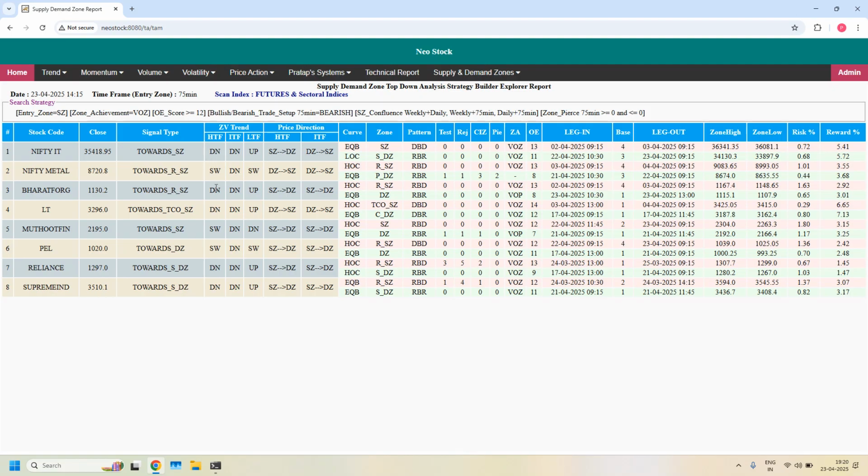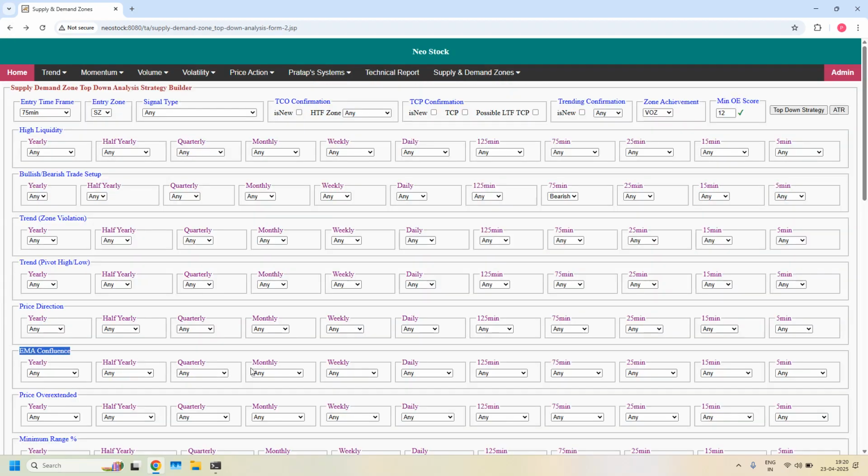But in these downtrend stocks, let's verify if any of them are having weekly supply zone with weekly EMA confluence. At the same time, trend on the weekly should not be sideways, should be downtrend because it is bearish trade setup.